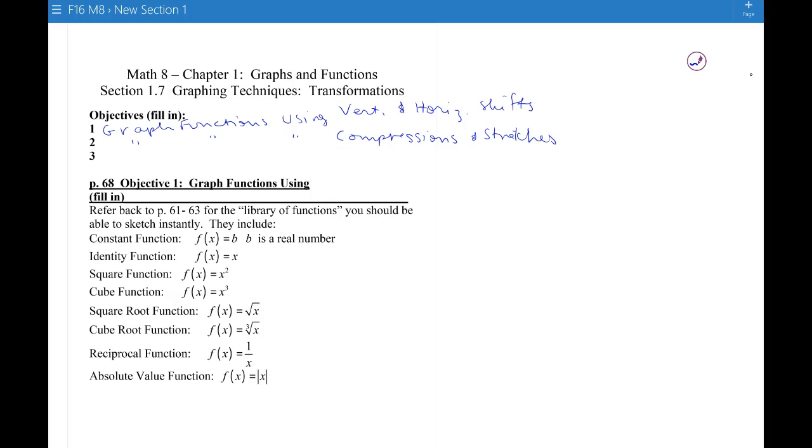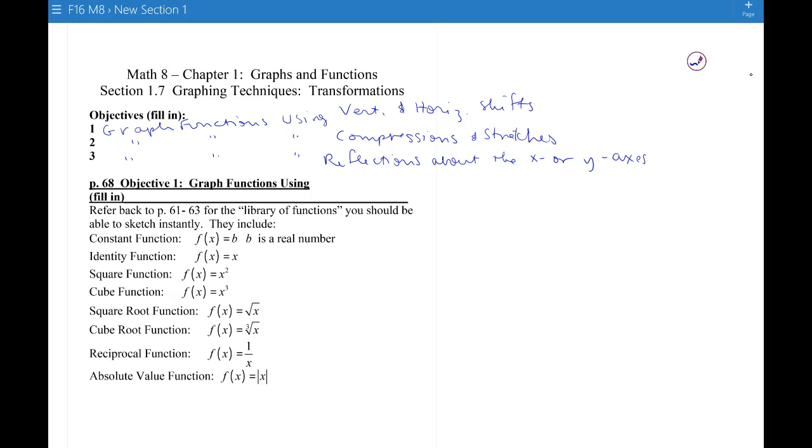So those are going to be both vertical and horizontal, compressions and stretches. And then graph functions using reflections about the x or y axes.